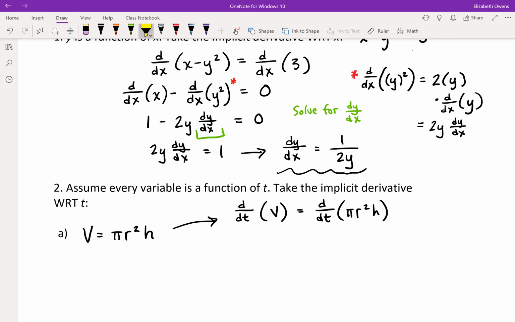Well, on the left-hand side here, the derivative with respect to t of v is pretty similar to something that we've already looked at. That is very, very similar to the derivative with respect to x of y that we've been doing in these implicit things, where y is a function of x and we're doing a derivative with respect to x. Here, v is a function of t, and we're doing a derivative with respect to t.